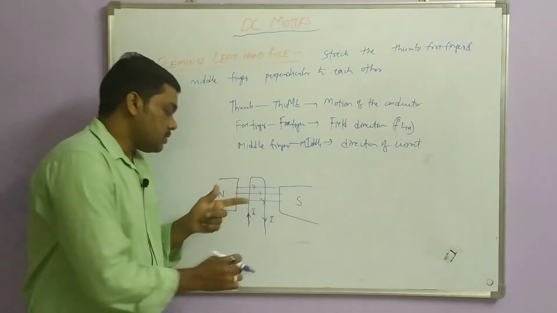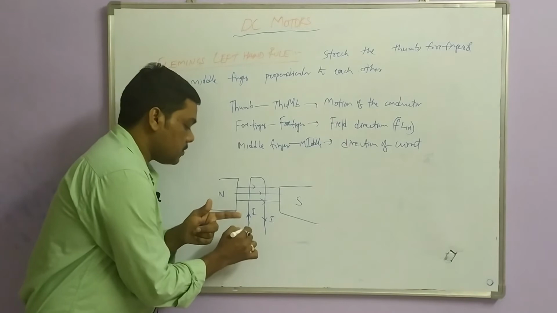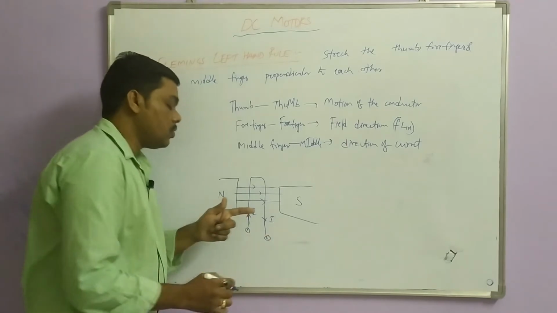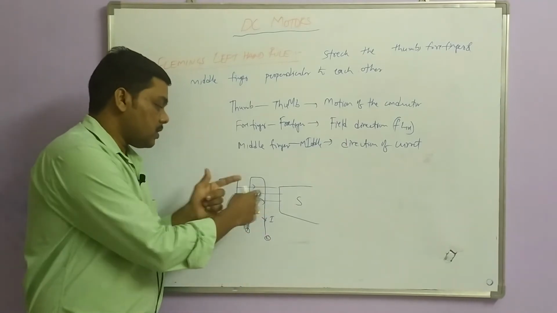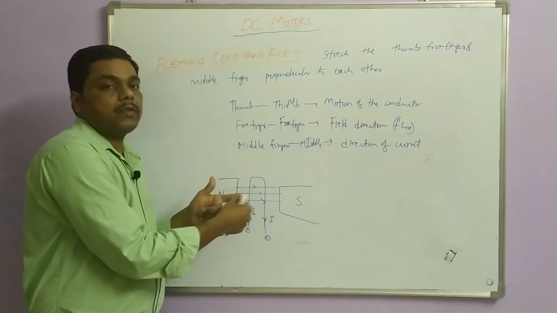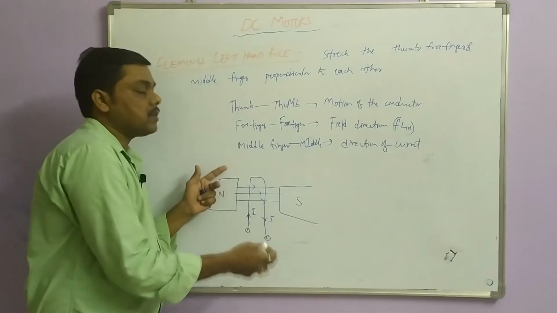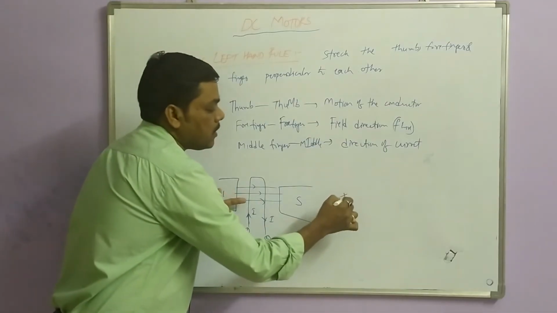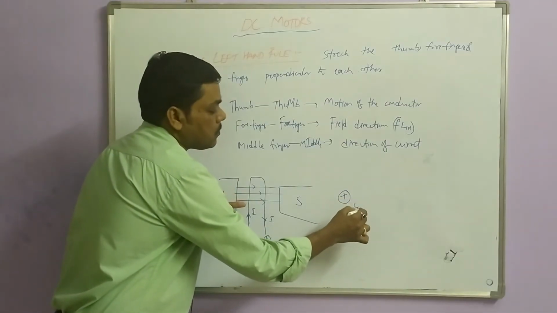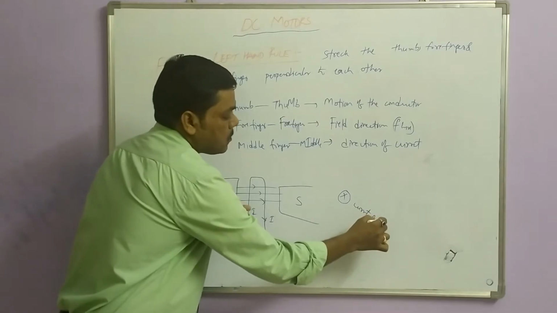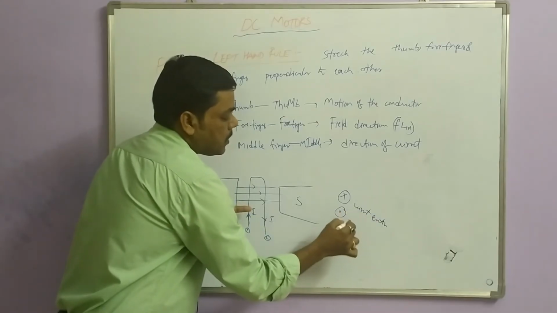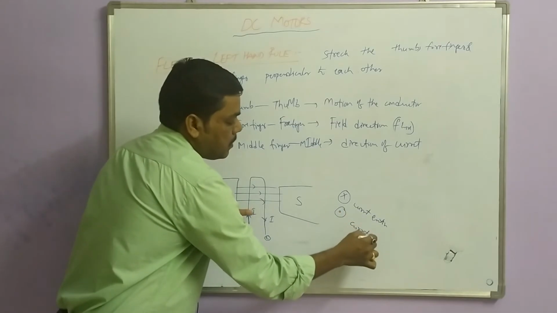Now I am placing the first conductor, this is 1 and this is 2. For the first conductor the flux direction is the same as your forefinger direction, and the current is entering. We know that dot indicates current leaving and cross indicates current entering.